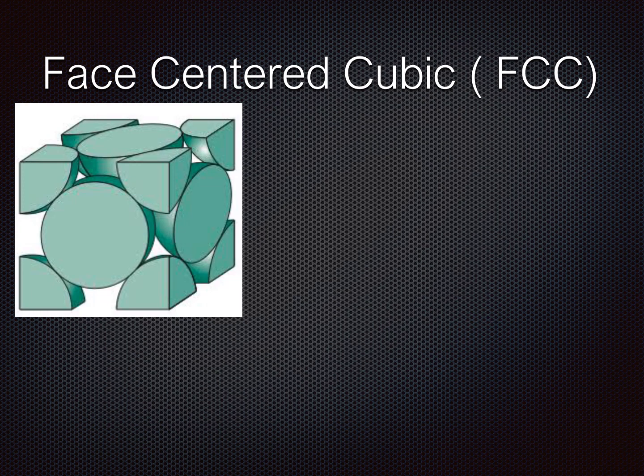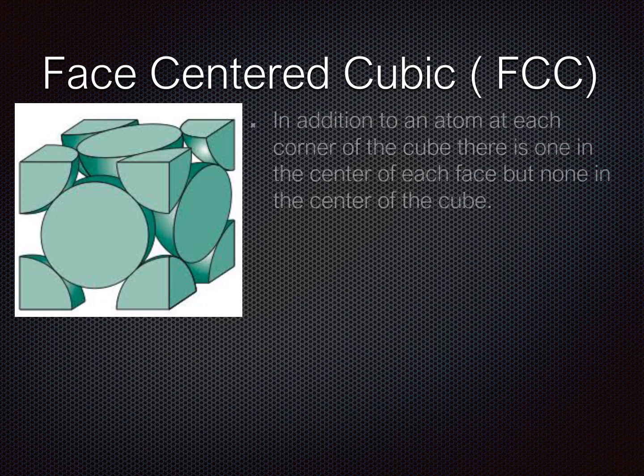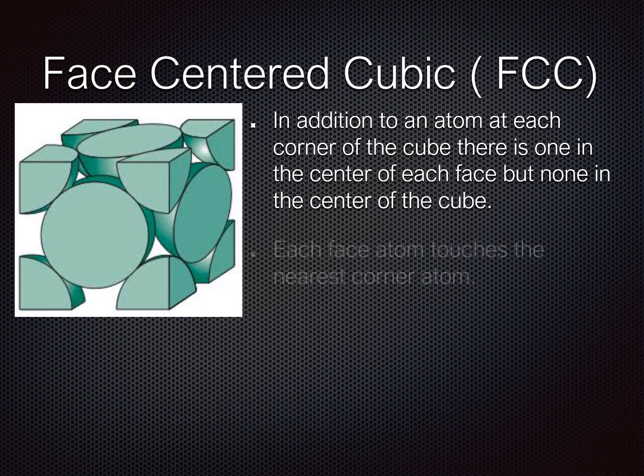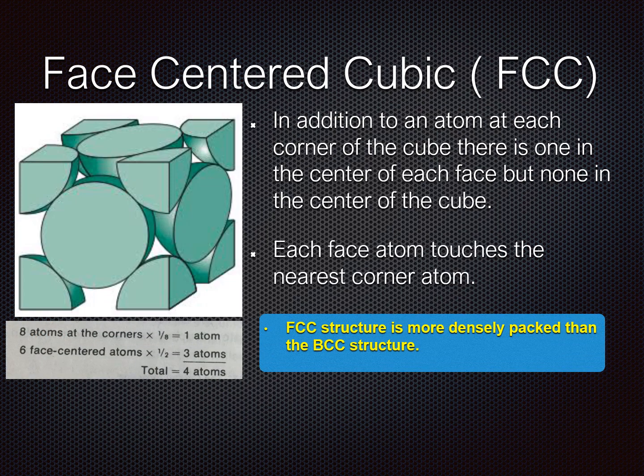Each face atom touches the nearest corner atom. Since each corner atom is shared by 8 adjoining cubes and each face atom is shared by only one adjacent cube, the unit cell contains 4 atoms. This indicates that the FCC structure is more densely packed than the BCC.